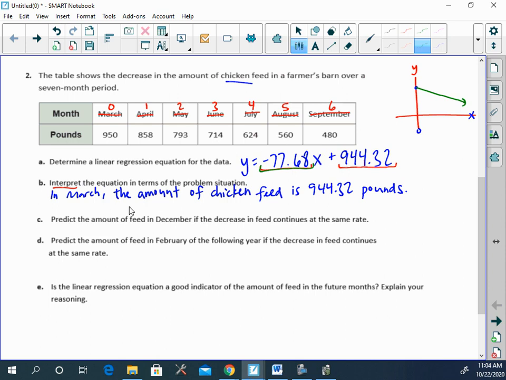So for every 1 month since March, the amount of feed decreases by 77.68. And again, that's in pounds.